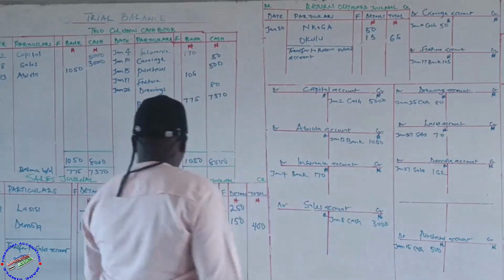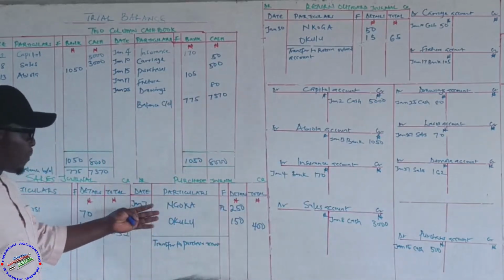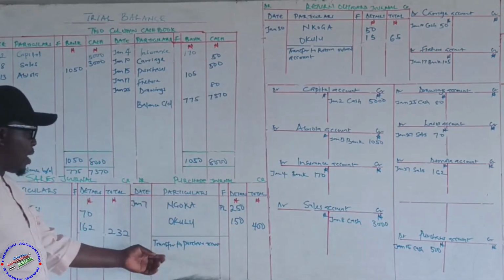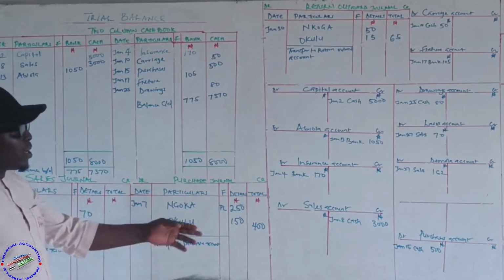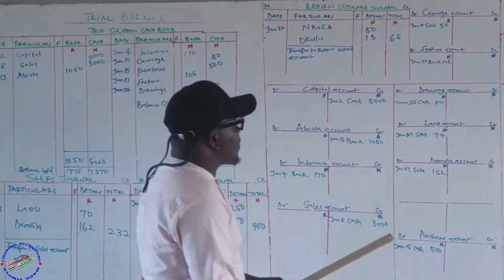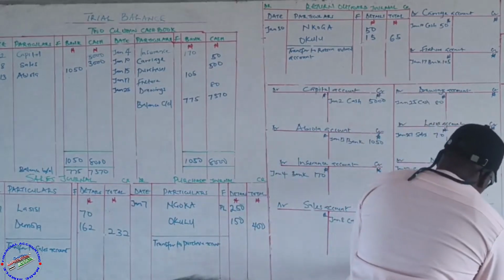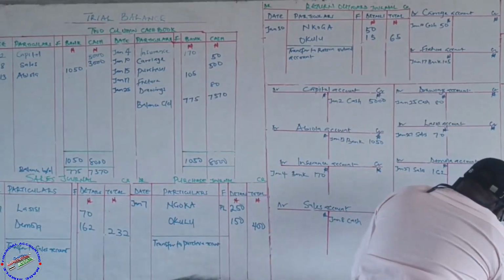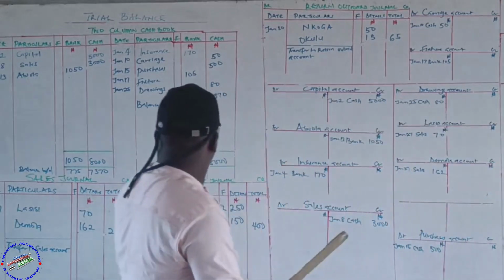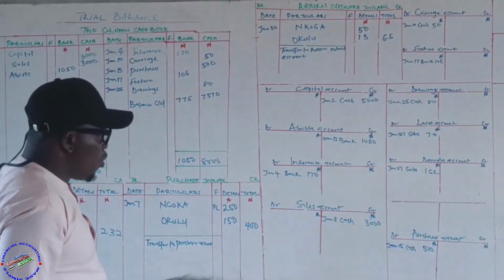So we're going to also solve the question for purchase journal. We are posting this also to the ledger because we are asked to transfer to the purchase account. So since we have a purchase account already, we are not going to prepare any other purchase account. What we just need to do is to maintain that same purchase account, and we prepare the two suppliers' accounts, which is Ngoka and Okulu.